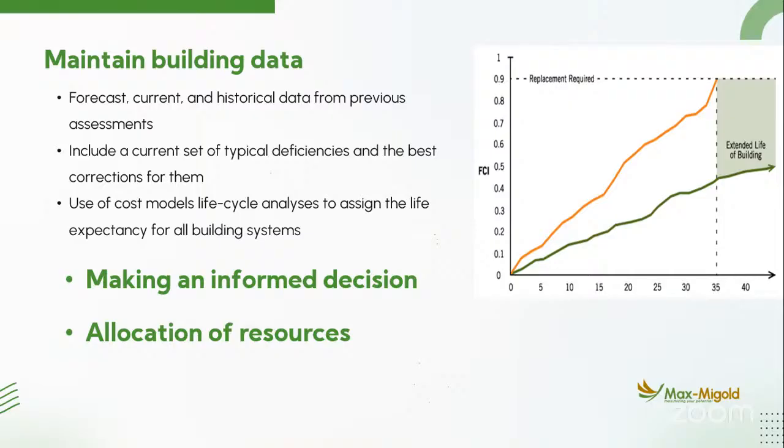Include a current set of typical deficiencies and the best correction for them. Use cost model life cycle analysis to assign the life expectancy for all building systems. Then it also helps you in making informed decisions. The decisions you are taking are decisions born out of valuable data that you have gathered so far during assessment.